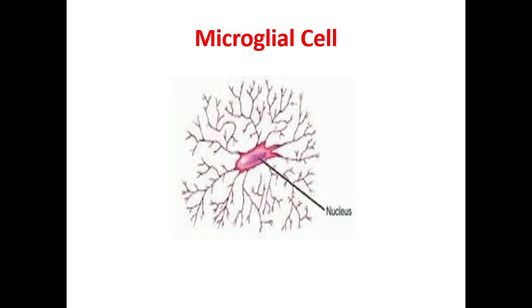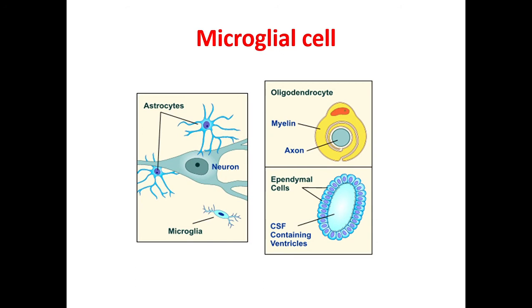We have here an illustration of the microglial cells with their small size and branching of the processes. In another illustration of the microglial cell, you can see the smallest size of the neuroglial cells.